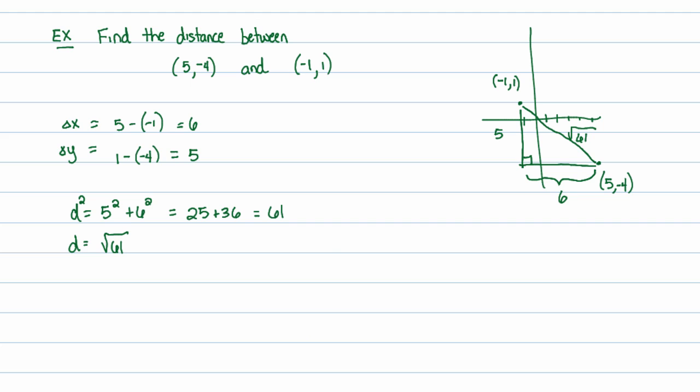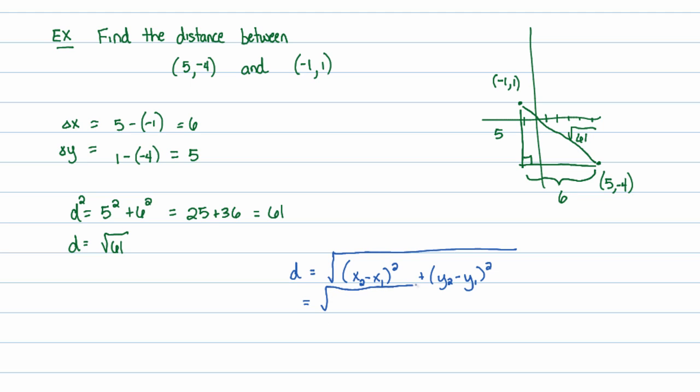Had you used the distance formula, you would say, okay, the distance is equal to the square root of x2 minus x1 being squared plus y2 minus y1 being squared. To me, this involves a lot more memorization, which I dislike.